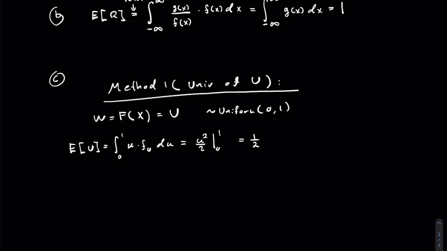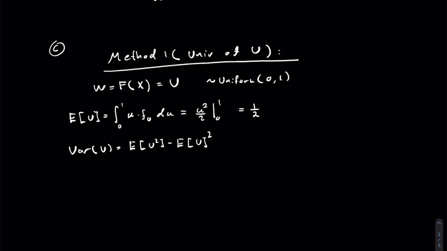And the variance of u, just writing down the definition, is the expectation of u squared minus the expectation of u squared. We can insert what we calculated up here for this term, and square it.